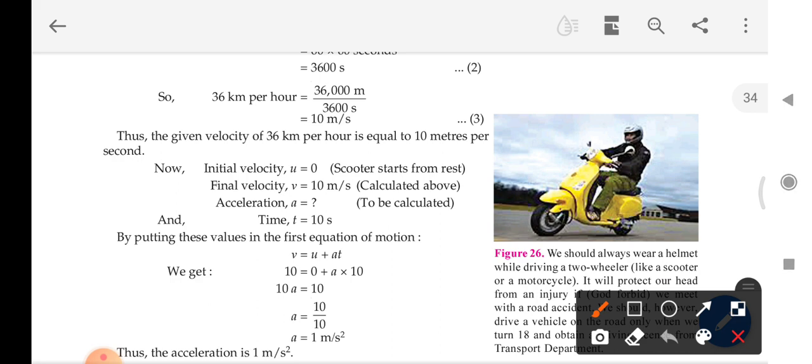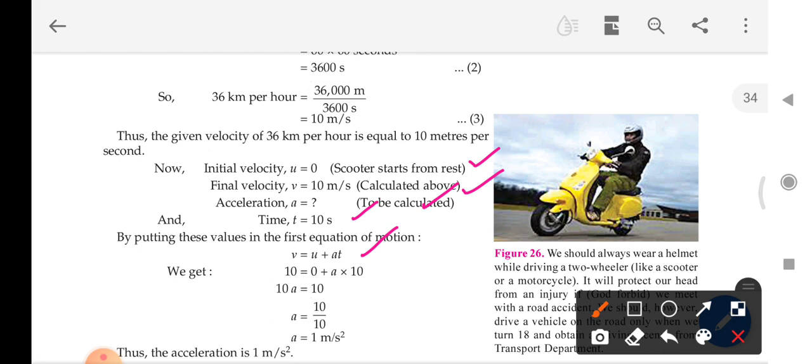Initial velocity u equal to 0 because the scooter starts from rest. And final velocity v equal to 10 meter per second. Acceleration we have to calculate and the time they gave is 10 second. You know the first equation of motion v equal to u plus at.